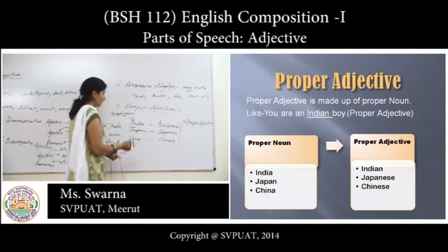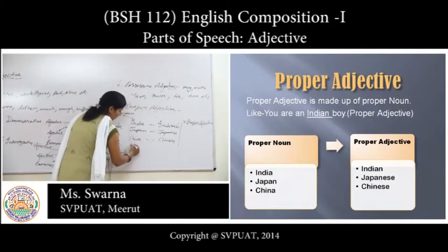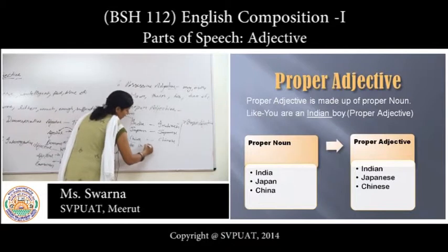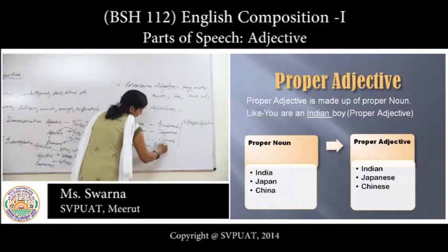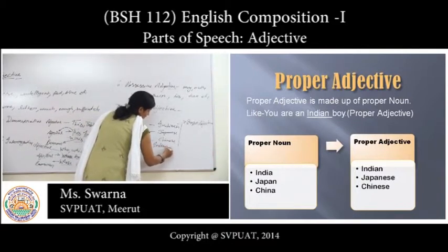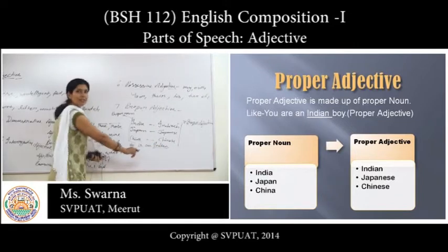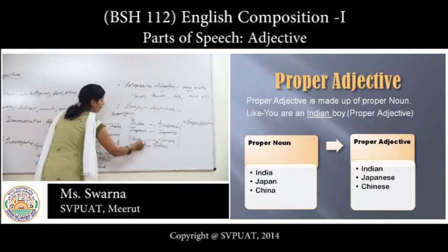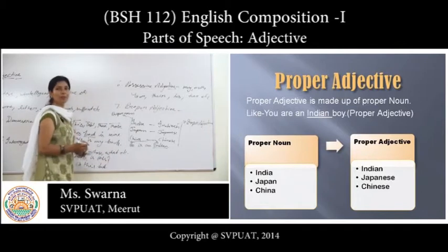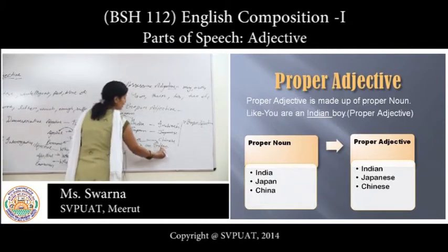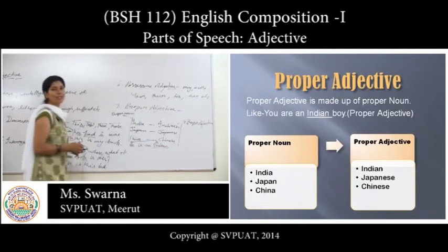Like we make a sentence, he is an Indian. In this sentence, the word Indian qualifies he, which is a pronoun. So in this sentence, Indian is a proper adjective.